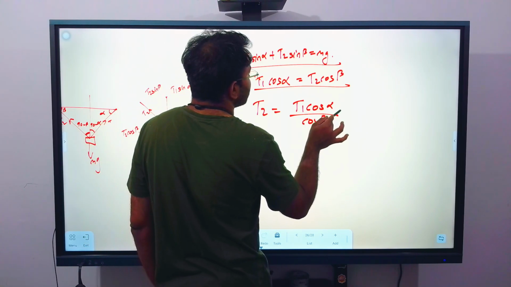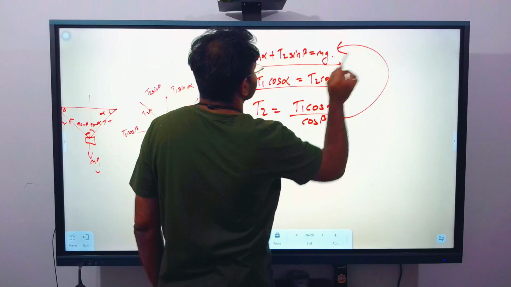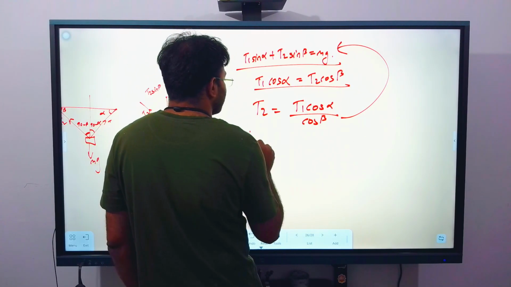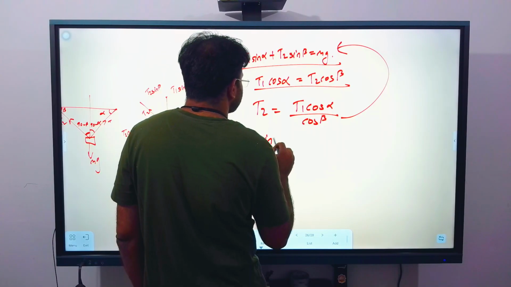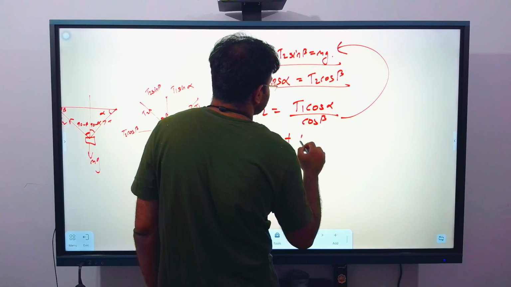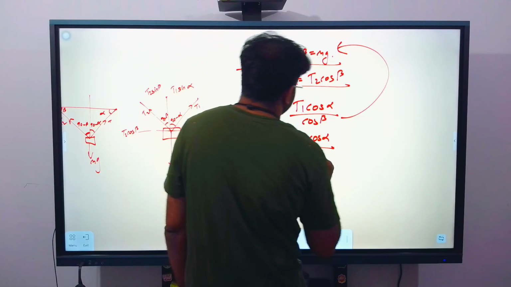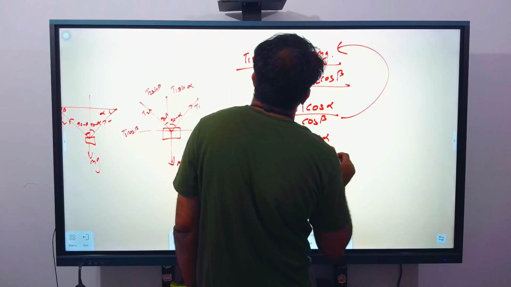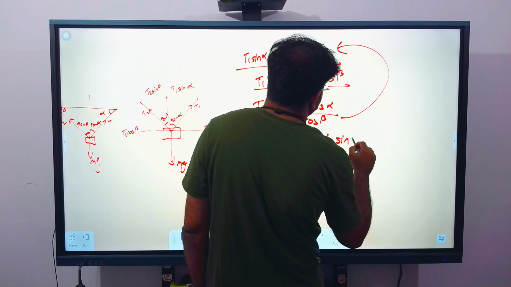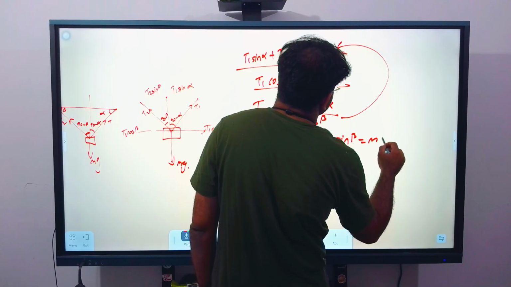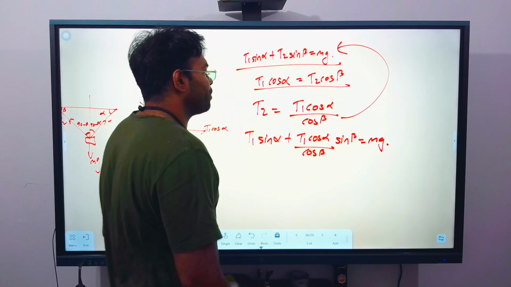You'll put this in this equation. So what do you get? T1 sine alpha plus T1 cos alpha upon cos beta dot sine beta is equal to mg.